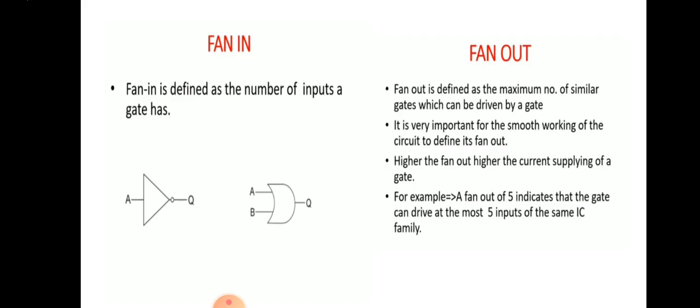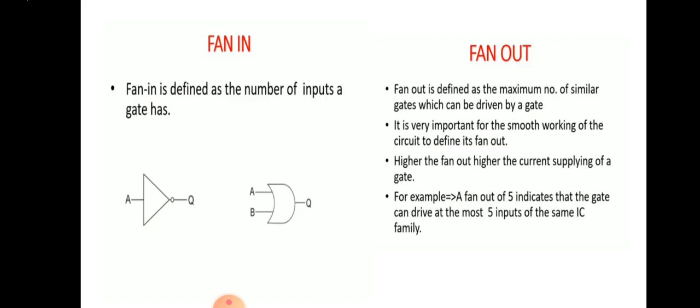The different features are: first one is fan in, then fan out, power dissipation, noise immunity, propagation delay. Okay, so we will see one by one. Fan in. Fan in is defined as the number of inputs a gate has. It means whatever the number of inputs we want to give to that particular logic family, it represents the fan in number of that logic family.